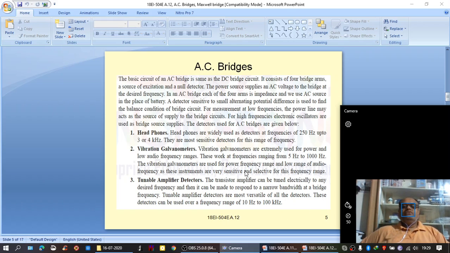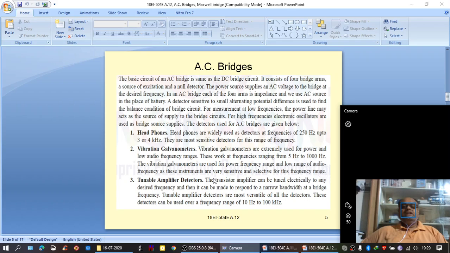The next one is the vibration galvanometer. A vibration galvanometer is extensively used for power and low audio frequency ranges, that is 50 Hz and below. These work at frequencies ranging from 5 Hz to 1000 Hz.